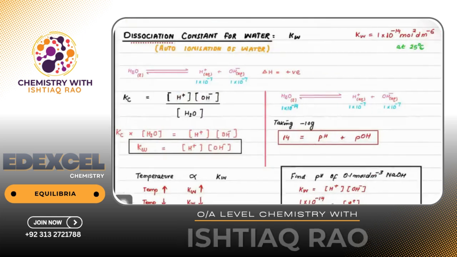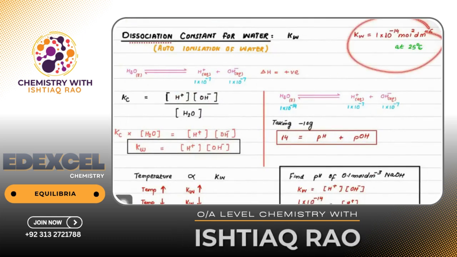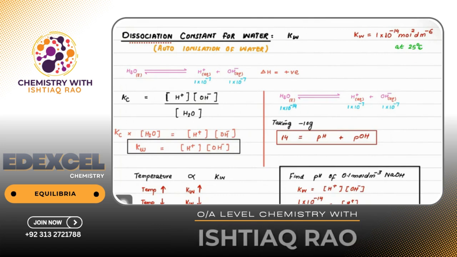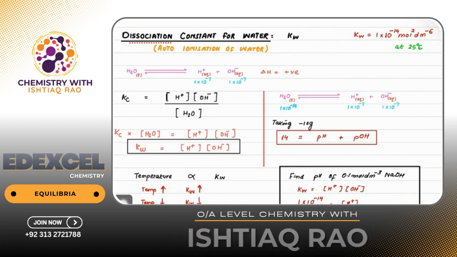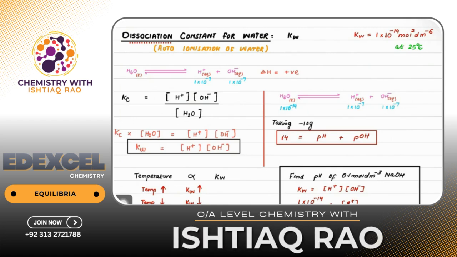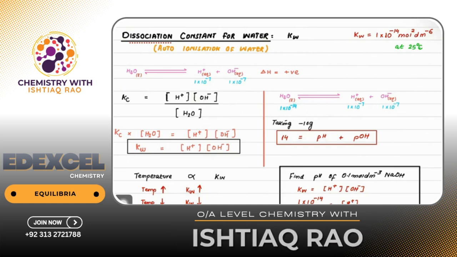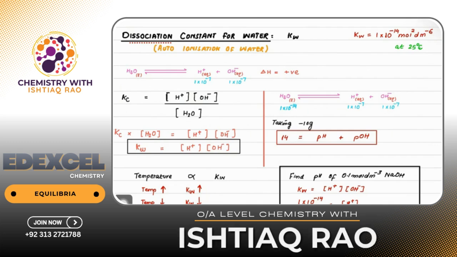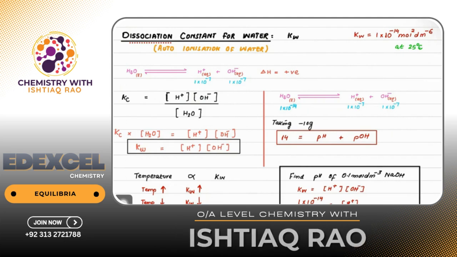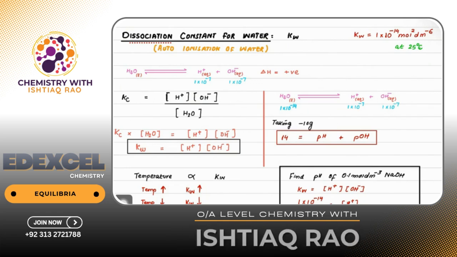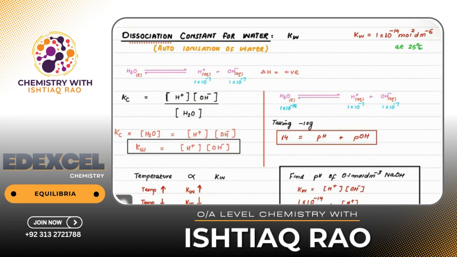And by the way, this is the constant value of Kw at room temperature. What if I am going to increase the temperature? Since dissociation of water is endothermic, because bonds are going to break down, that's why it's positive.